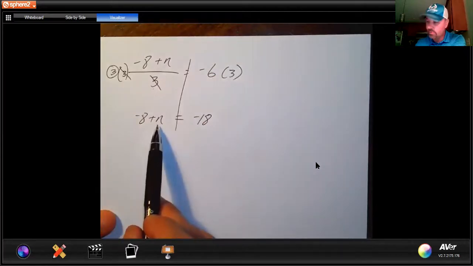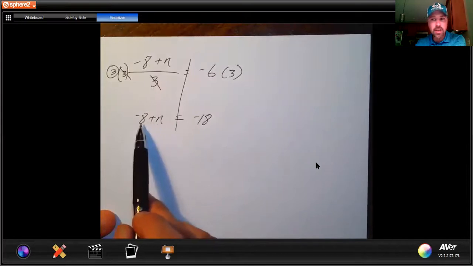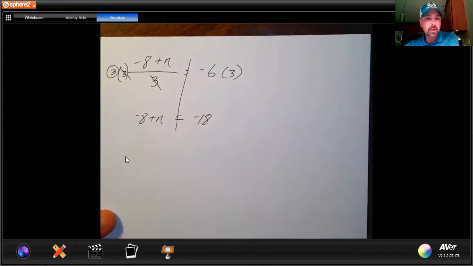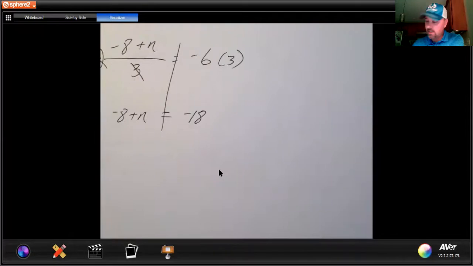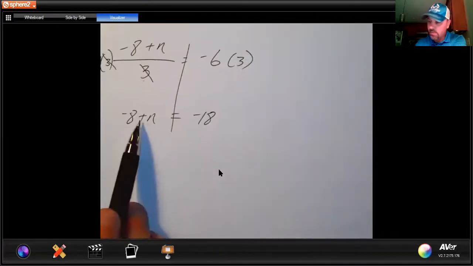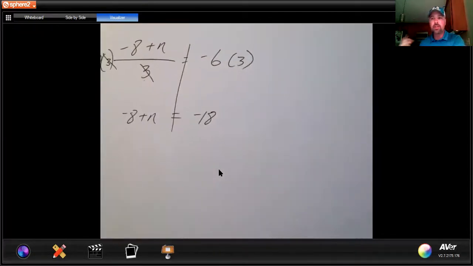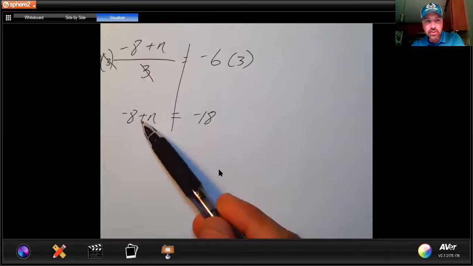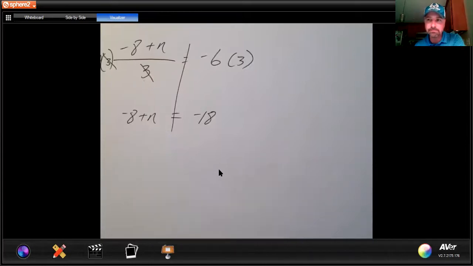I want to get n alone, so I need to get rid of -8. Now this sometimes tricks some people. You see this addition sign, and so you want to subtract. You want to do the inverse, right? But here's an important thing to note. This addition does not belong to the 8. It belongs to the n, okay?